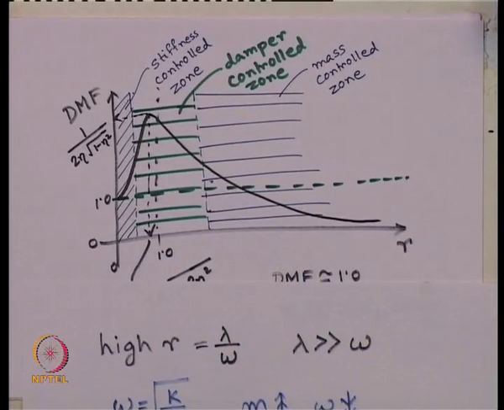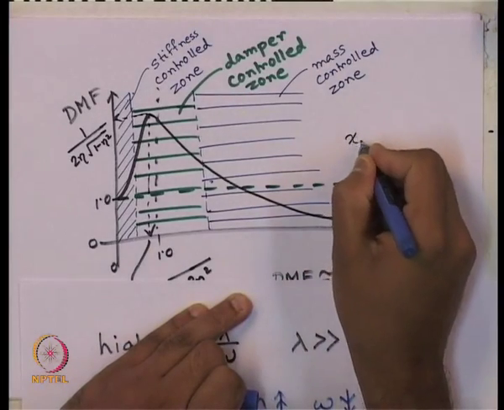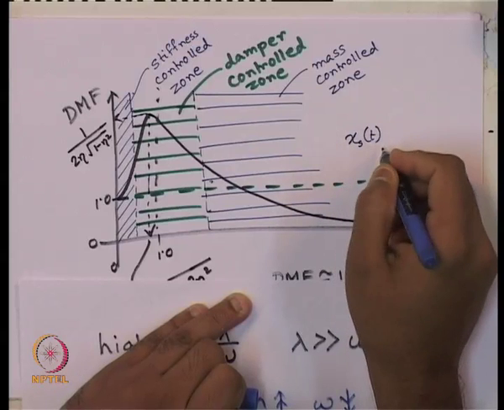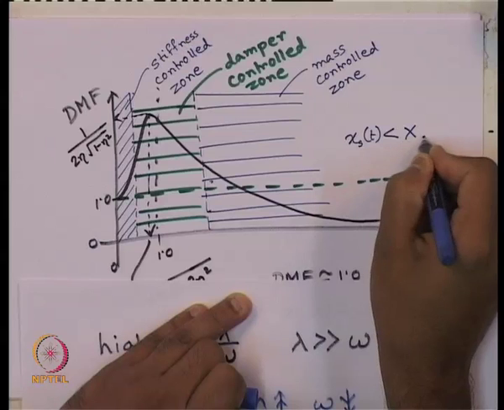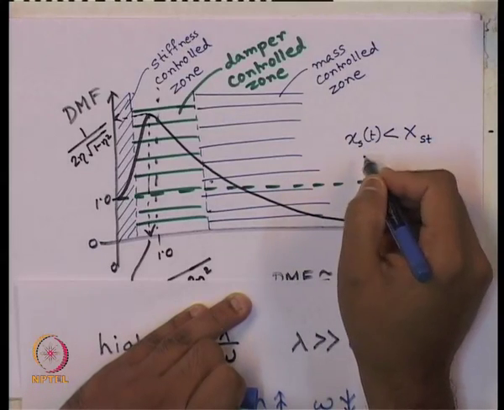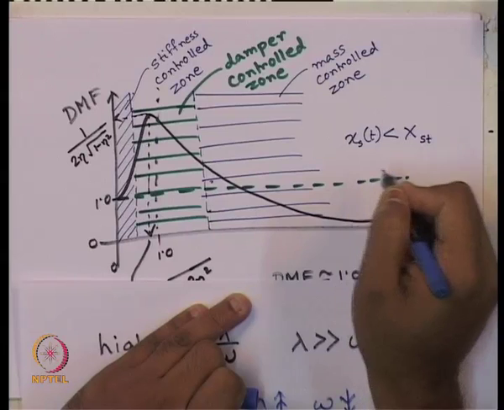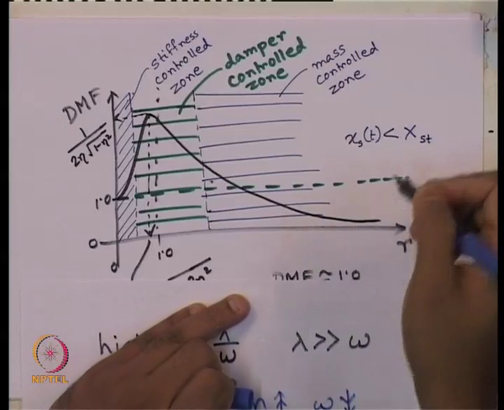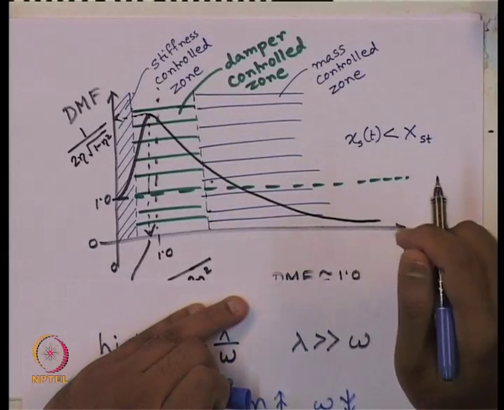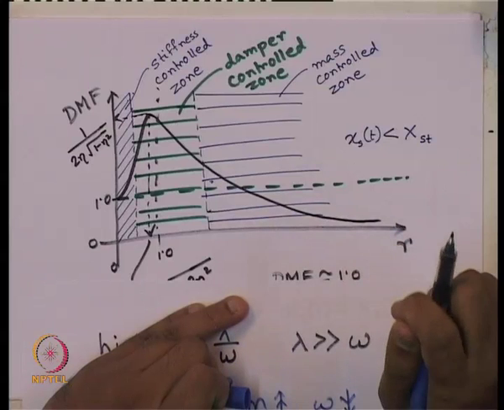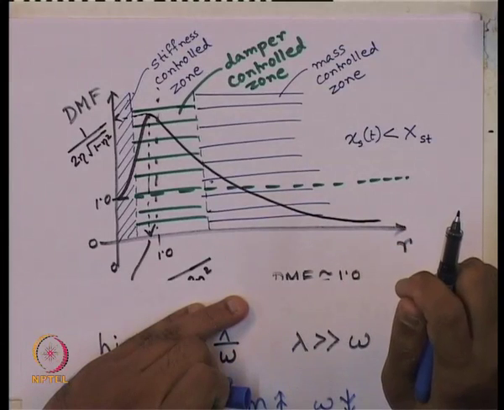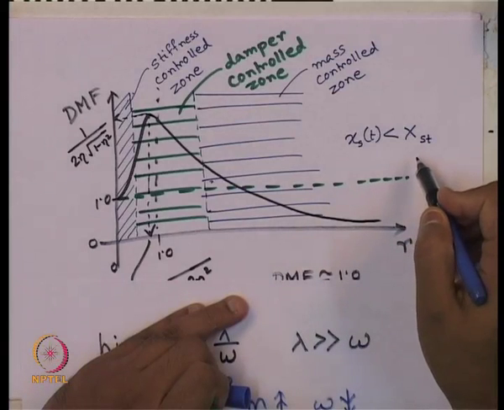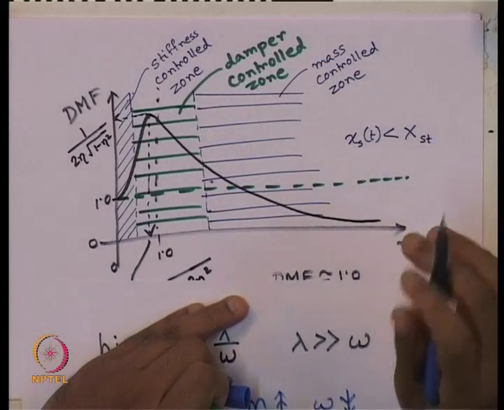And DMF less than 1, what does it mean to us? DMF less than 1 means our steady state displacement is less than the static displacement. So, the dynamic displacement that you are getting is lesser than the static displacement. So, in other words, what does it mean? As a designer, if you have designed your system or the foundation to take care of static load only, it is sufficient to withstand the dynamic load.